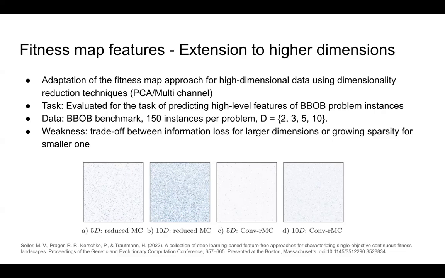And sometimes they're also including the objective function values. And the other option is to, instead of having one image represent the optimization problem, do all pairwise comparisons of the dimensions.